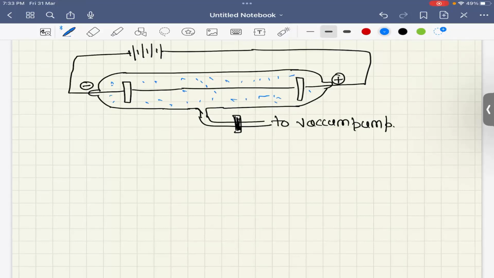The blue ones are gas particles, and to control the pressure inside the tube, the equipment was connected to a vacuum pump.